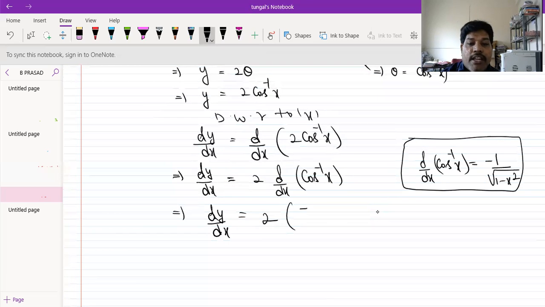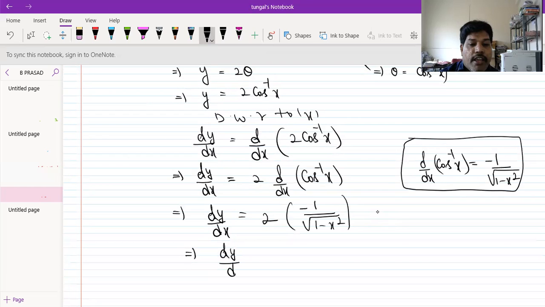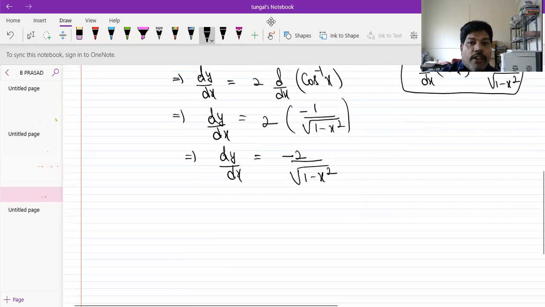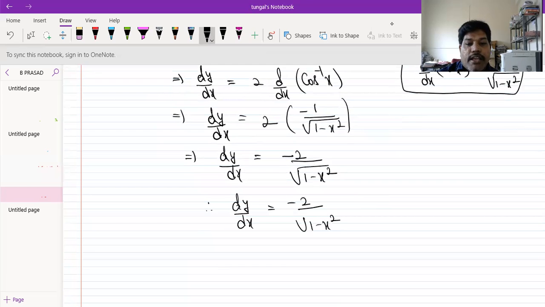So therefore dy by dx is equal to minus 2 by root of 1 minus x square, and at the end we can write that value.